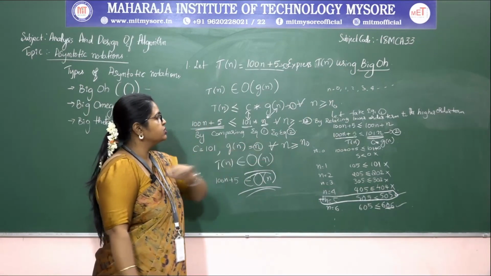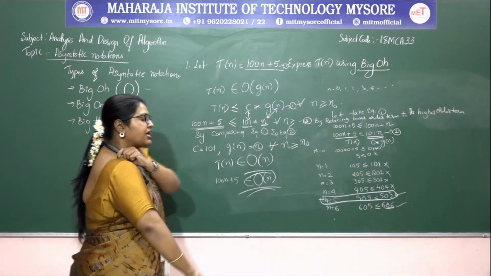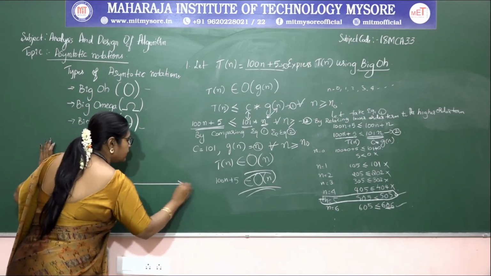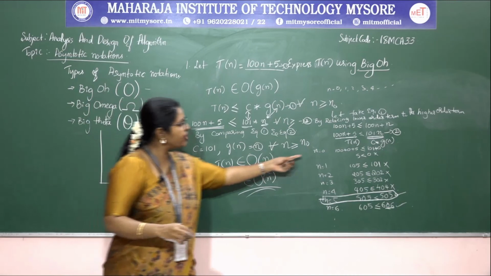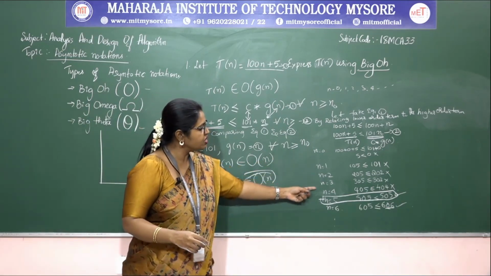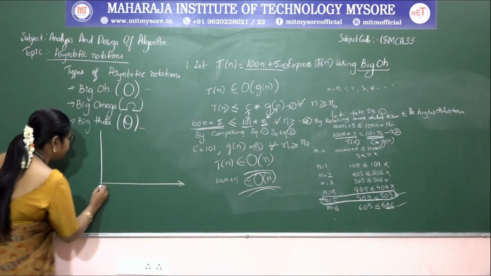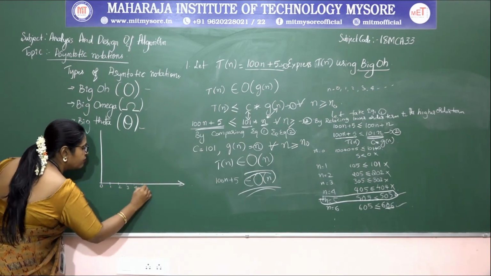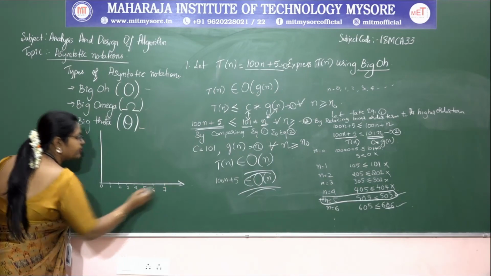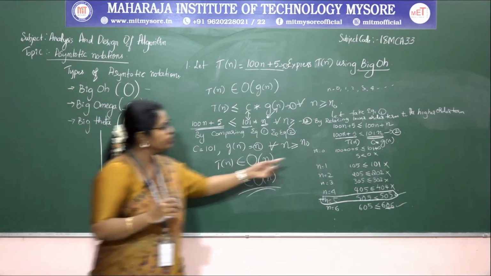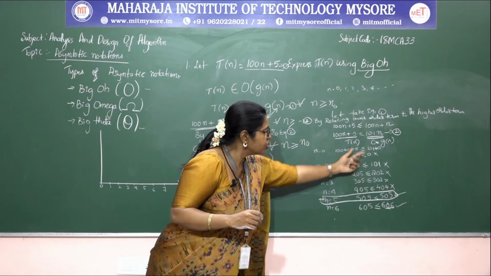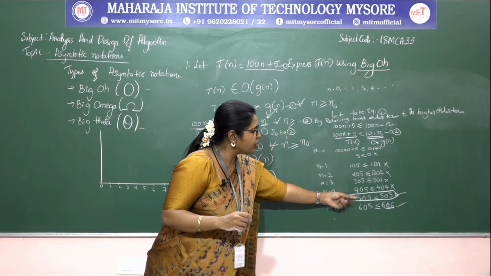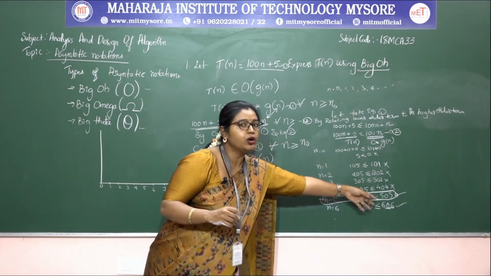So let me talk about this absolute value here. For that, I am drawing the graph here. I have started with 0, 1, 2, 3, 4, 5, 6, and I will take the inputs 0, 1, 2, 3, 4, 5, 6, 7, etc. Your C into G of n is 100, 200, 300, 400 like that. Here also it is 100, 200, 300.